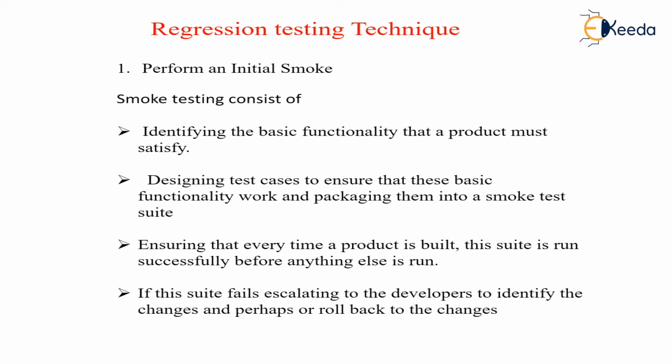Regression always talks about changes. So whenever changes are made to a product, it should first be made sure that nothing basic breaks. That means my code should not be hampered. For example, if I'm building a database, then any build of the database should be able to start up. The build should not hamper my entire functionality or a feature, or my output.